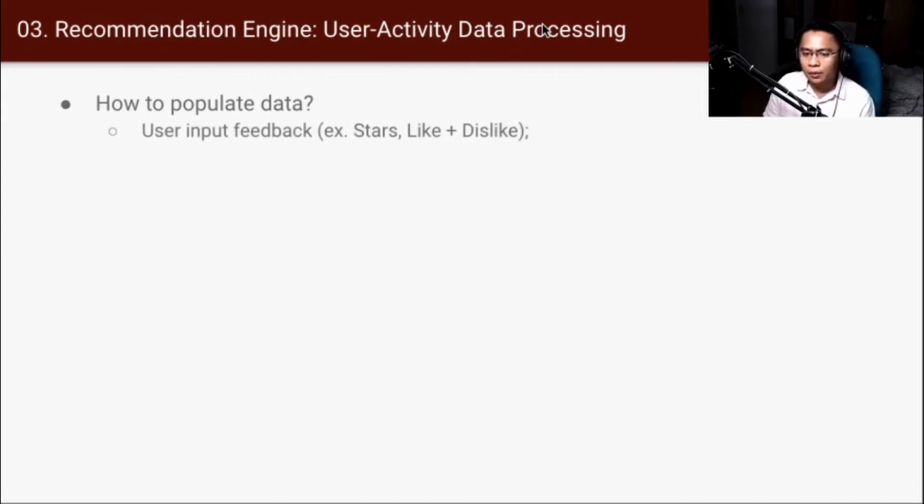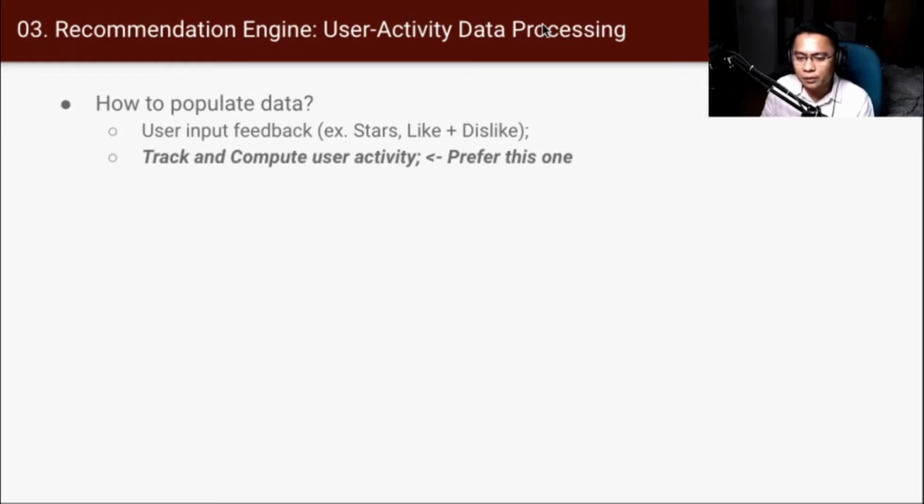First, we have two options. First is using user feedback, like letting the user give stars or like or dislike. Second, to track and compute the real user activity, and I prefer this one.